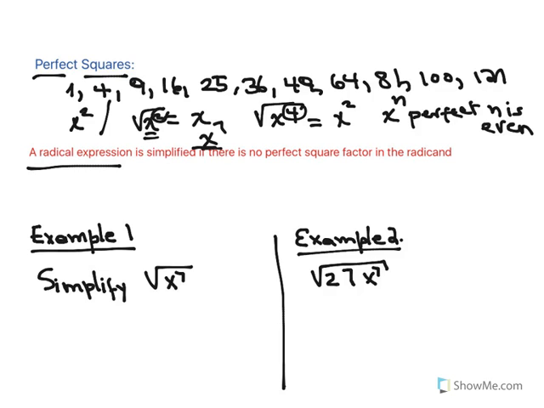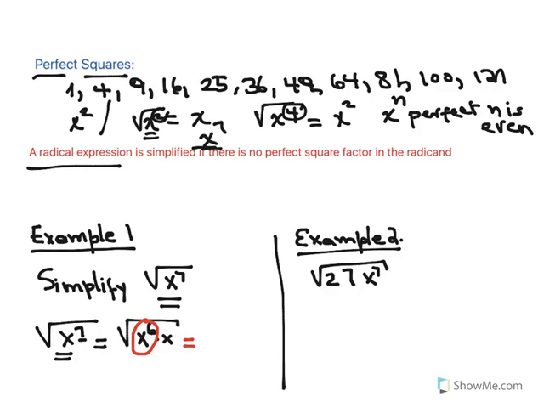So if I have something like the square root of x to the 7, right? Well, x to the 7 is not perfect, but x to the 7 can be written as x to the 6 times x. So if you subtract 1, you can represent x to the 7 as the product of two expressions, and one of them being a perfect square.